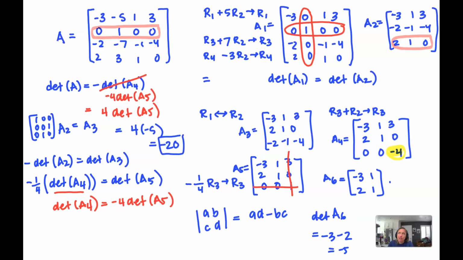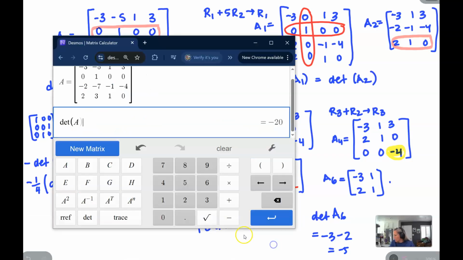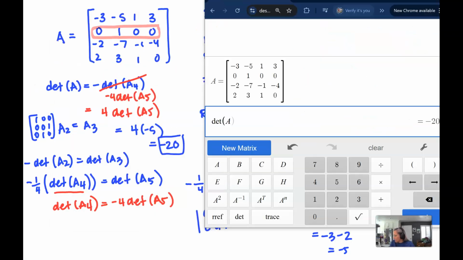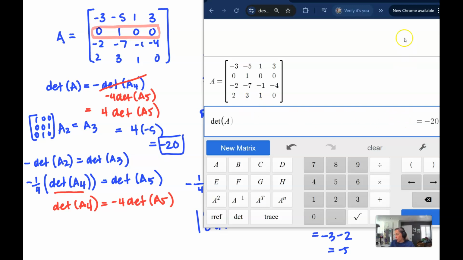Without me needing to memorize necessarily anything, it's really about that conceptual understanding and our row operations and pulling all of these pieces together. But let's go ahead. I did plug this into the Desmos matrix calculator. We can verify, sure enough, the determinant of that original matrix is indeed -20.